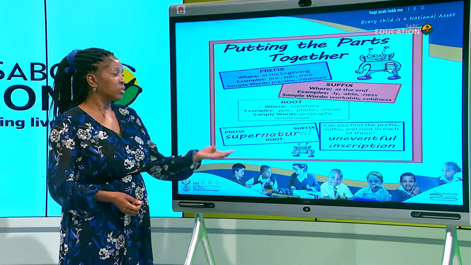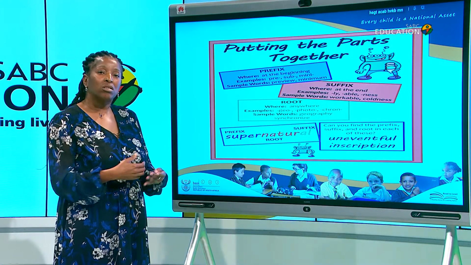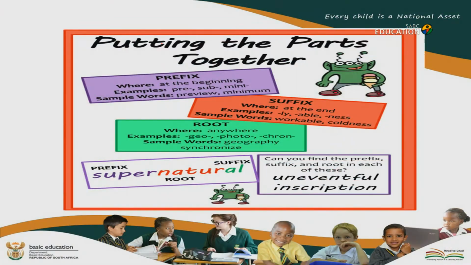So, for example, in this word, supernatural, nature is the main word or the root word. Super is the prefix, al is the suffix. This changes the word. Many times you will see that you may have one word, one root, for example, interest. However, if we put different affixes, the word interest changes meaning totally.